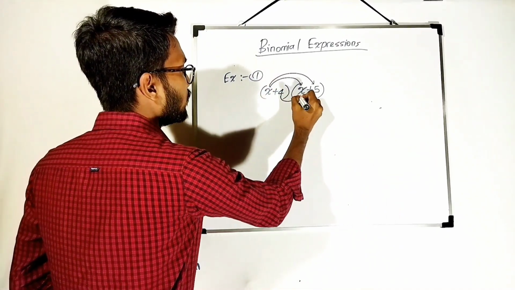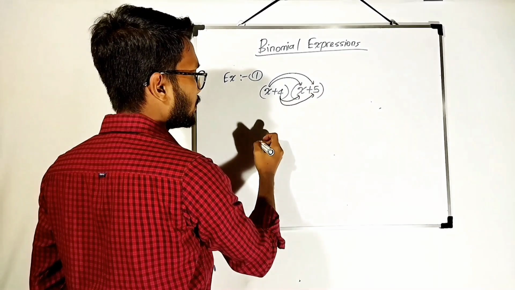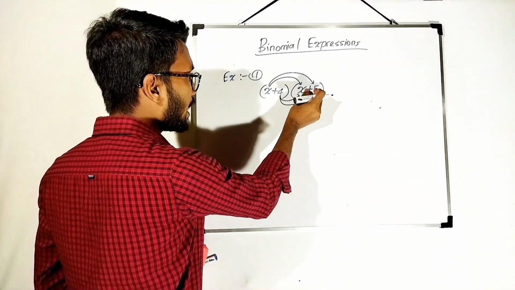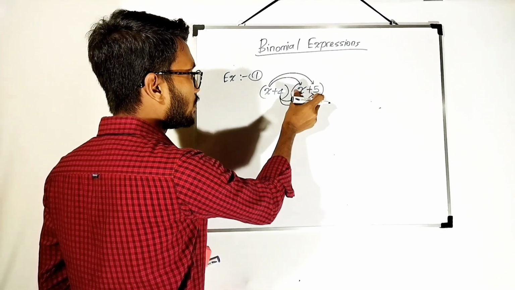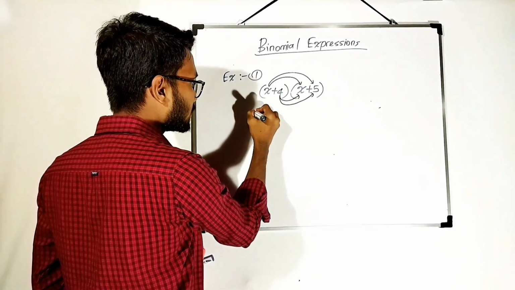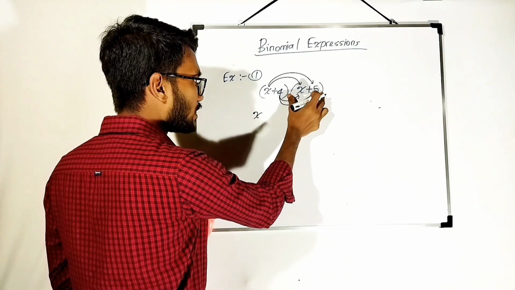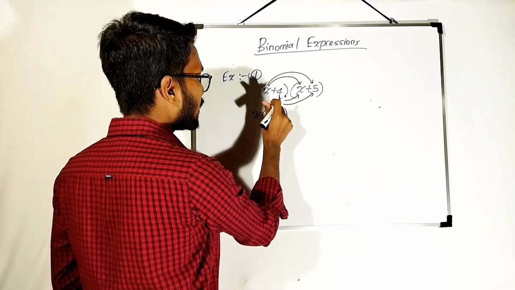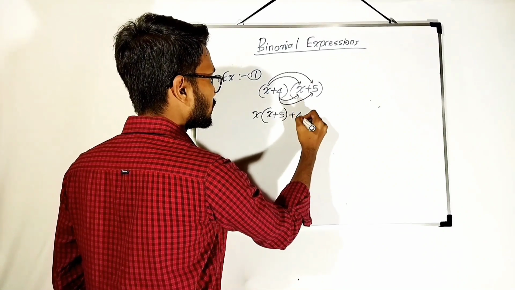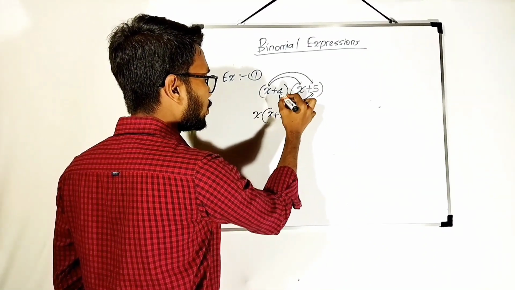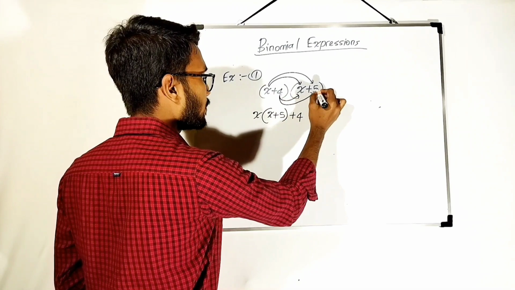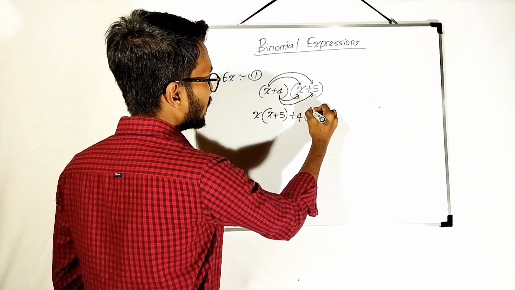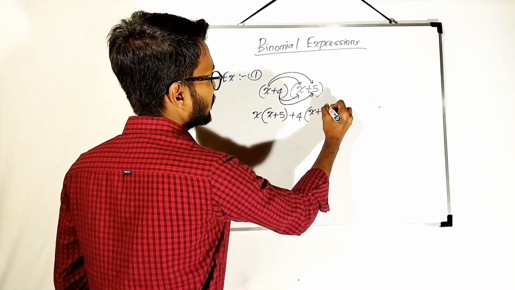Then 4 needs to multiply by x and 4 needs to multiply by 5. First of all, x needs to multiply by x plus 5, the full thing, right? Therefore I am going to write x, and the full thing x plus 5, and put this plus 4 and write the full thing, because 4 needs to multiply by x and 4 needs to multiply by plus 5. Here put a bracket and put x plus 5.